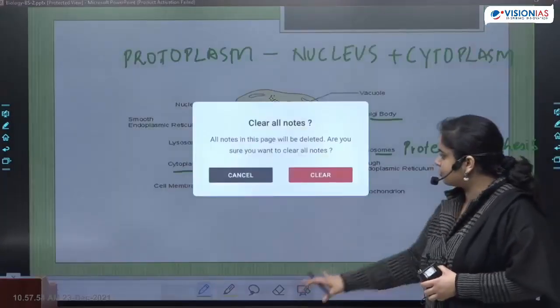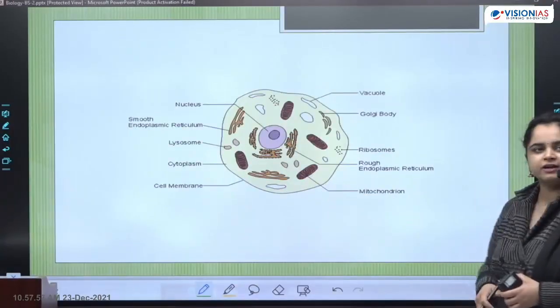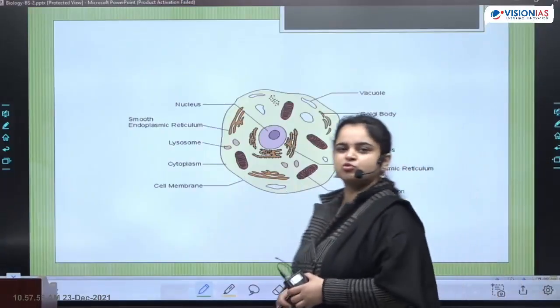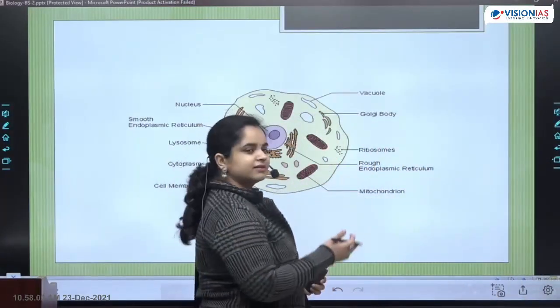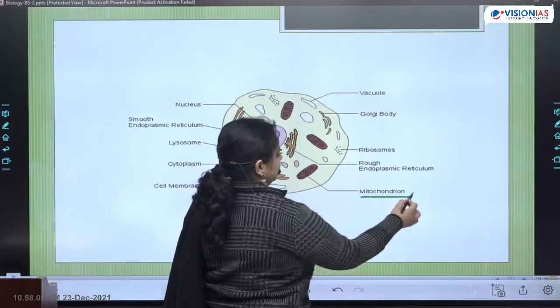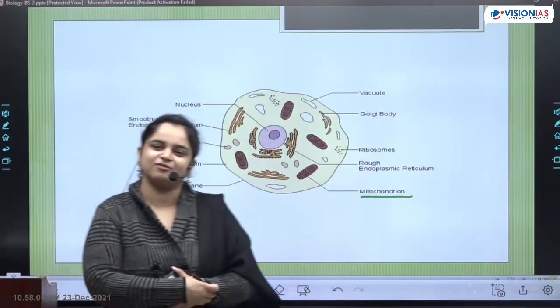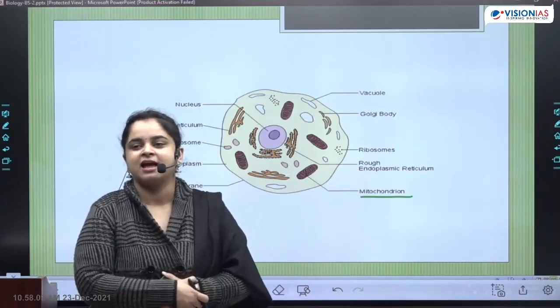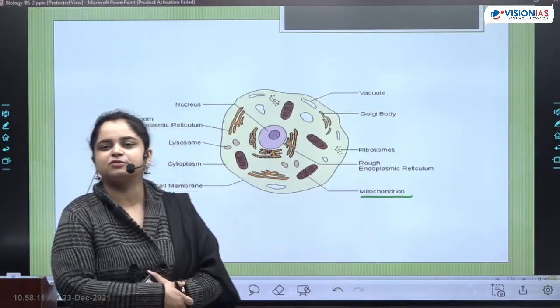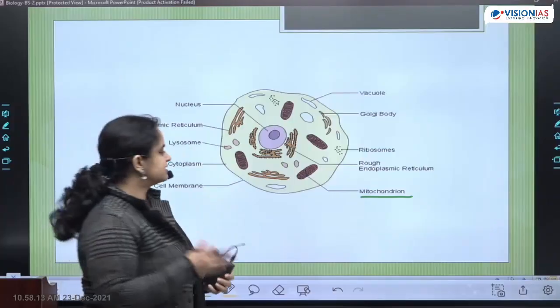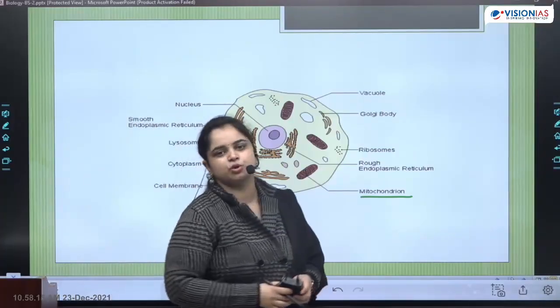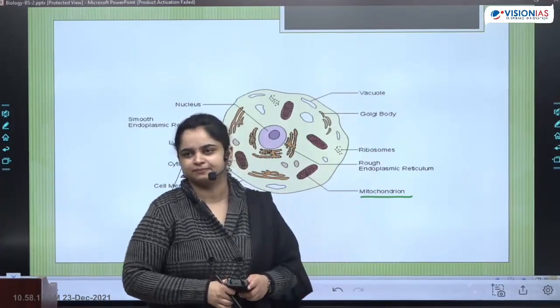Now let's talk about the only thing which you ever remembered from school biology. Yes, mitochondria. Yes, powerhouse of the cell. Why it is the powerhouse of the cell is because this is the place where energy is going to be produced in the cell.